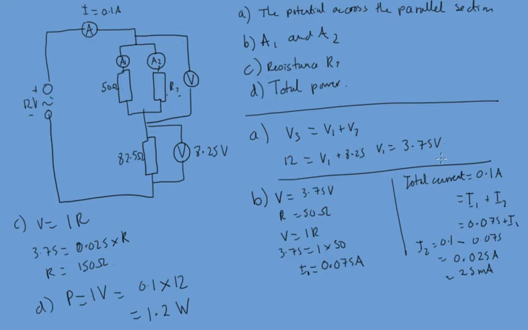Let's do another question with a circuit that looks a wee bit simpler. So this time is 4.5 volts. We've got an ammeter here reading 75 milliamps. We've got a resistor and we've got a lamp.